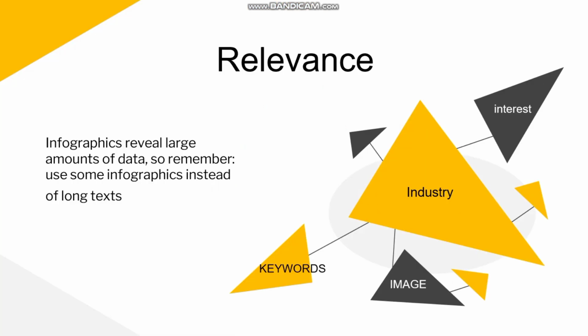Now relevance. Relevance is one of the most important things that you have to keep in mind. Relevance should be of your industry with the keywords, of your industry with the image, and of the industry with the interest. So you have to look at your ad from every angle, like targeting the right keyword, putting the right images, and targeting the campaign to the right people.